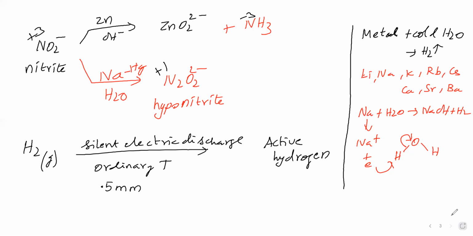Next, preparation of hydrogen. We take a metal and treat it with boiling water or steam, and we get hydrogen gas. Which metals?